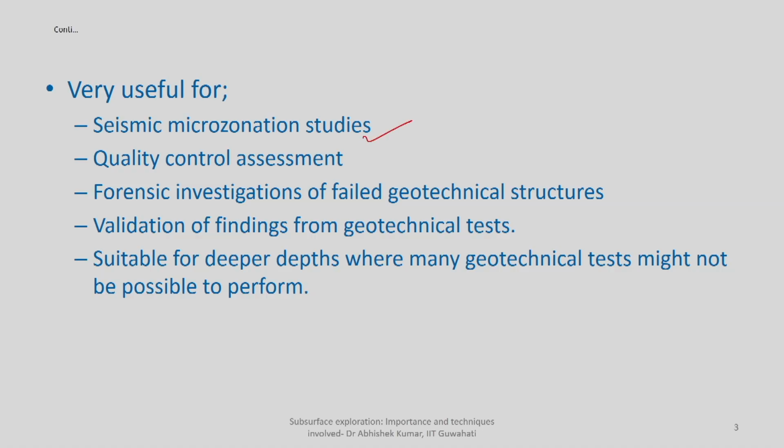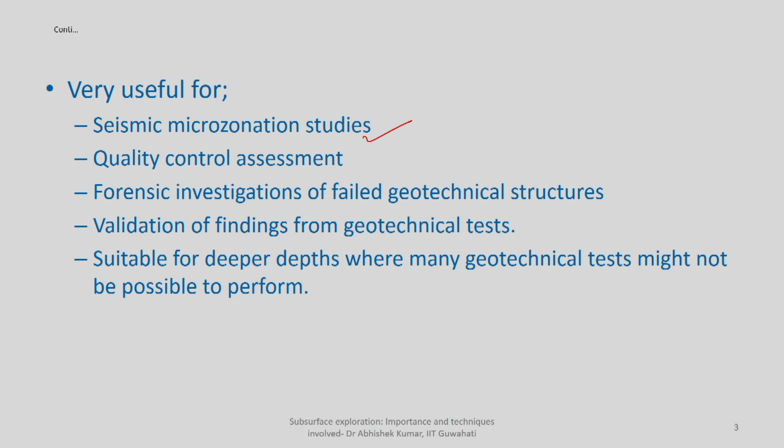Then the second thing, quality control. Like, your designer suggested some minimum density of the medium at the site of interest, whenever you are going for subgrade laying or for any kind of filled up area. So, once the site is filled up, you can go for some kind of quality check.